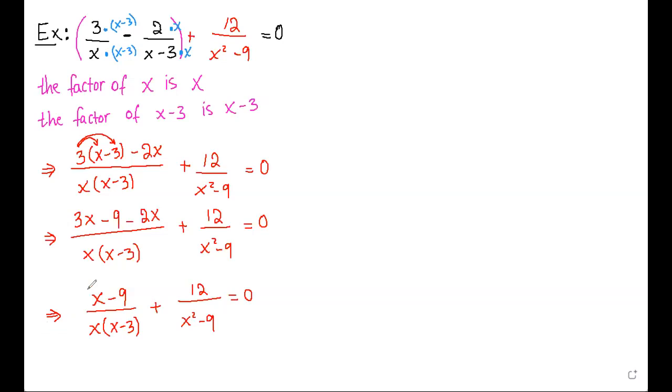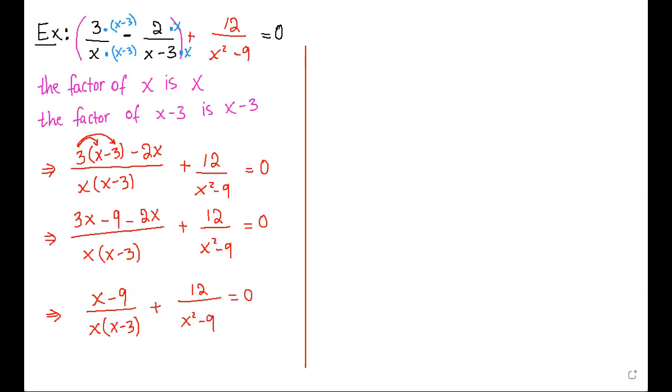Now, next step, we have to find the least common denominator between this fraction and this fraction. Let's do it here on this page. So we have to factor again the denominator for this one and for this one.